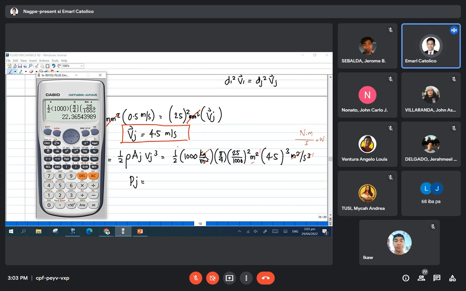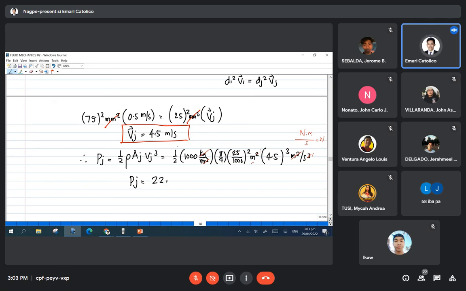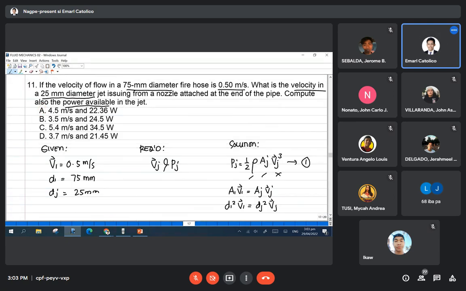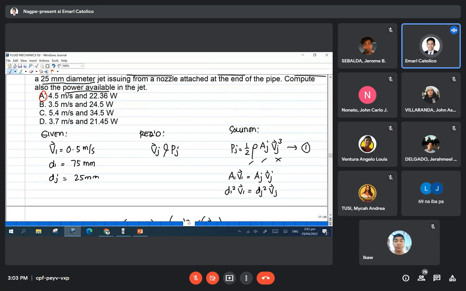Okay, so 22.36 nga watts. So tama yung sagot, no? Letter A. Ayun, 22.36. Okay. Number 12.